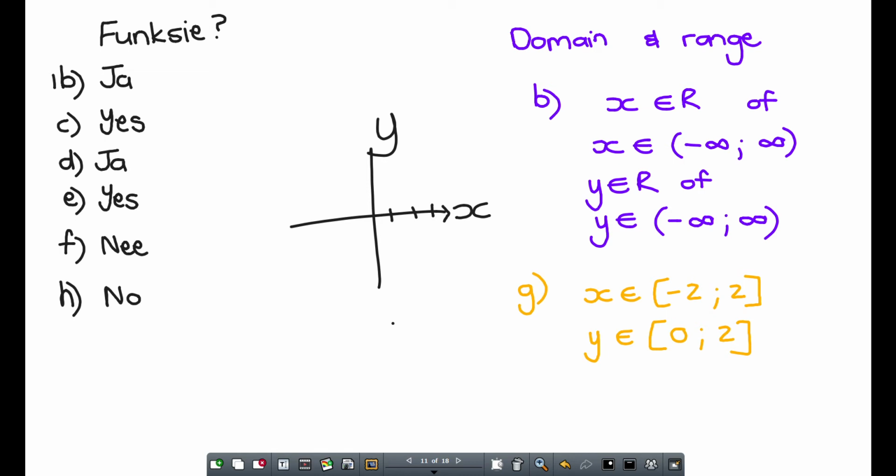Dis hoekom ek nie vir julle A-sinne gegee het nie, né? Want by A het 'n reguit lyn nie getrek nie, dit was 3 random kolletjies gewees.